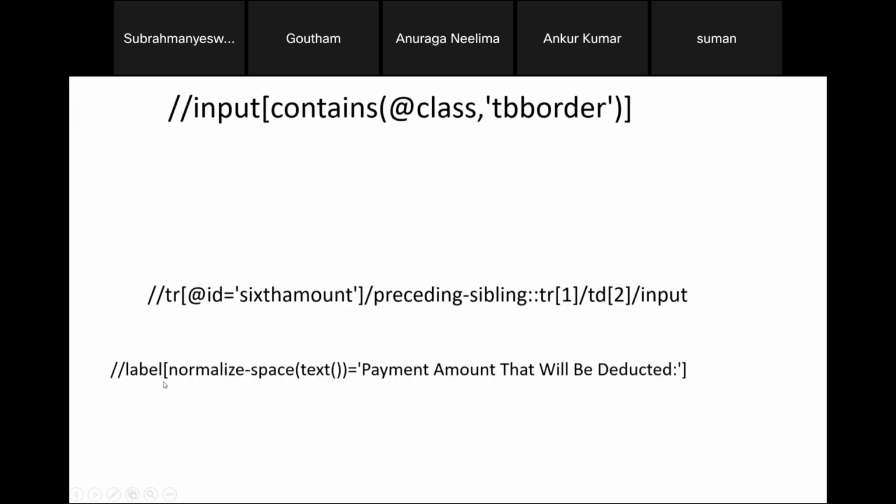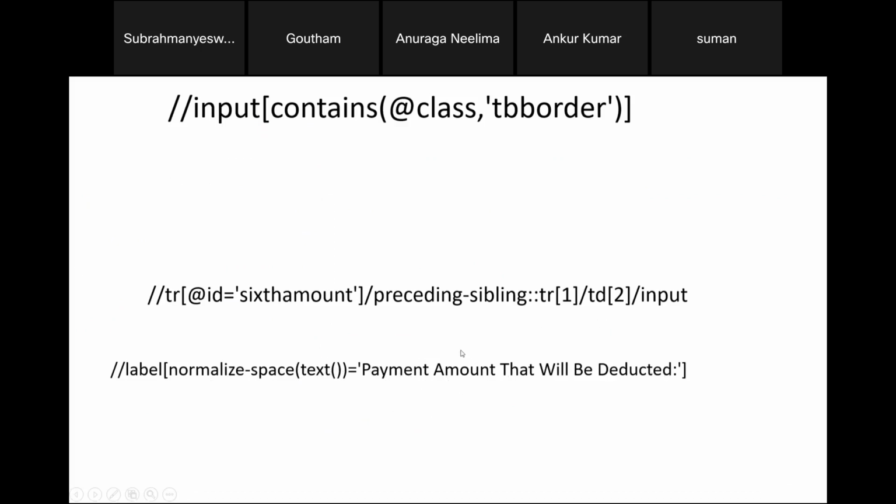If you see, we are saying normalize-space of text. We put it in brackets and pass this to normalize-space. What happens is it takes the text and removes all those extra spaces and white spaces, trailing and preceding white spaces, and compares with just payment amount that will be deducted.